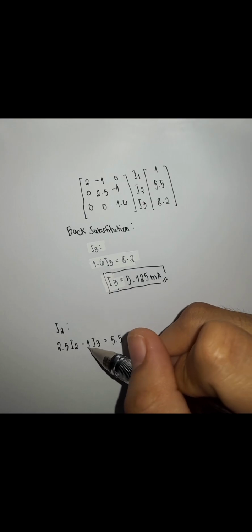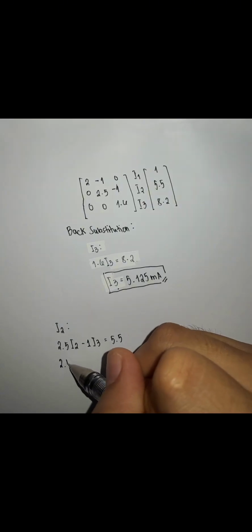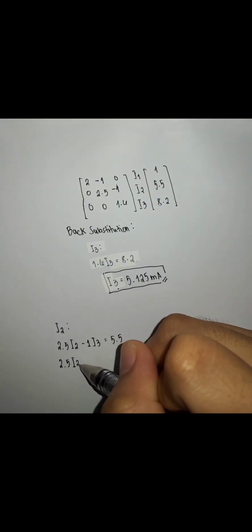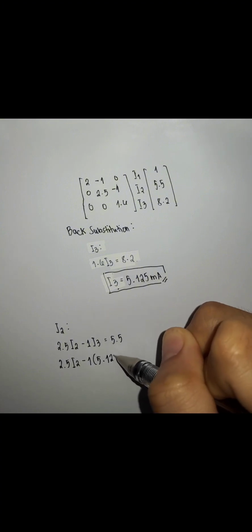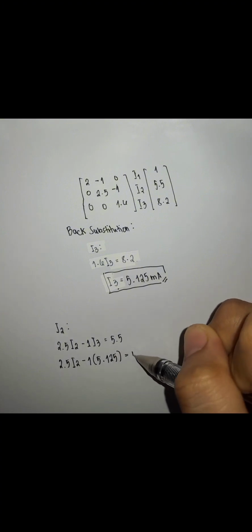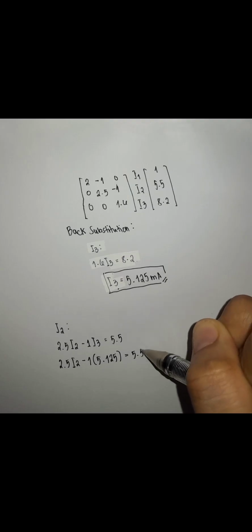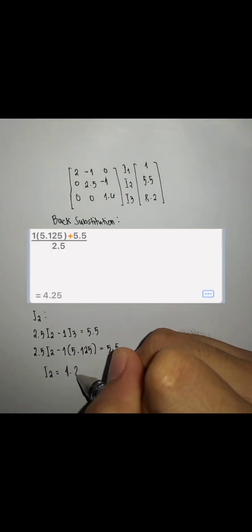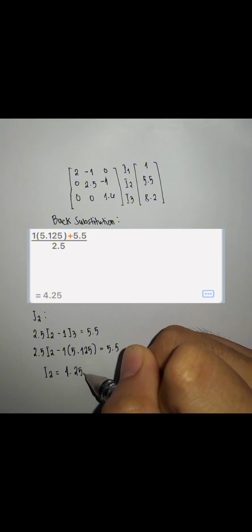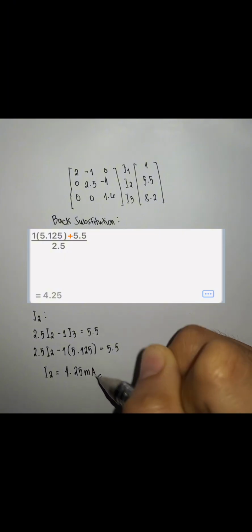We will now substitute I3. 2.5 I2 minus 1 times 5.125 equals 5.5. So I2 is equal to 4.25 milliamps.